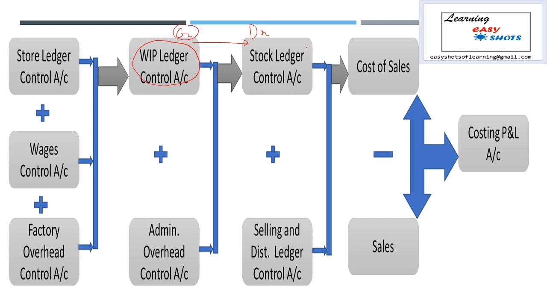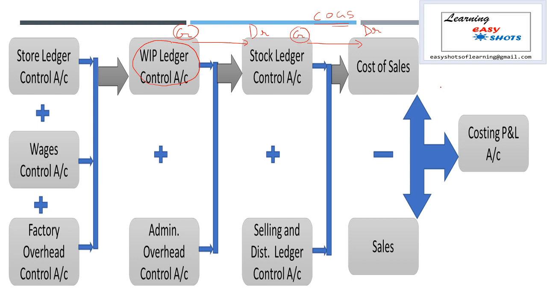Now when the finished goods produced, our second step is when the balances of stock ledger control account is transferred to cost of sales. This is known as cost of goods sold. In case of cost of goods sold, the cost of sales account is debited and stock ledger control account or the finished goods ledger control account is credited, because goods are transferred from stock to cost of sales.